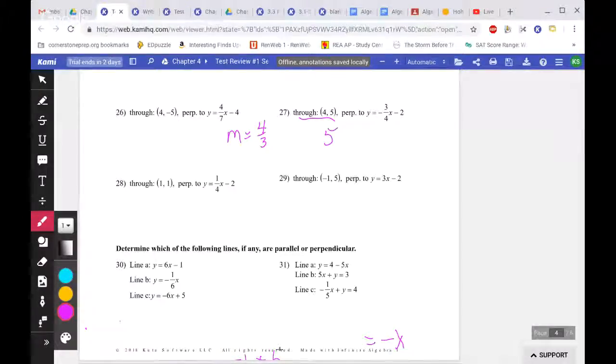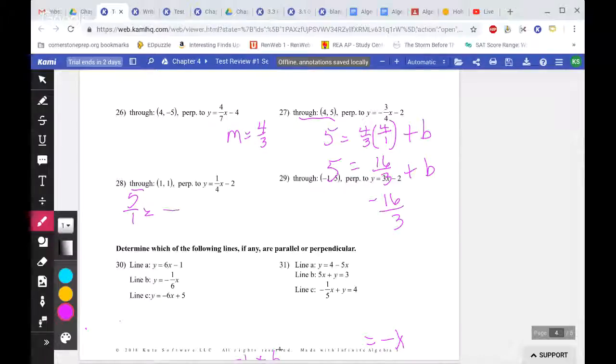So I'm going to plug my point in. 5 equals 4/3. Since it's a fraction, I'm going to go ahead and put it. And then what I don't know is b. I'm looking for my new b. So I'm going to subtract 16 over 3. Oh, Lord, I'm already doing the math in my head. It's negative 16 over 3.